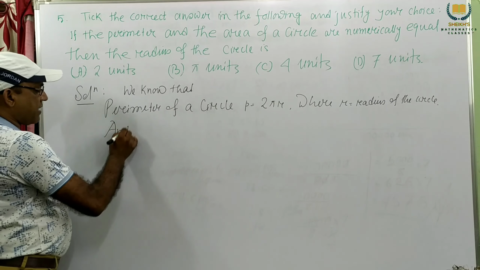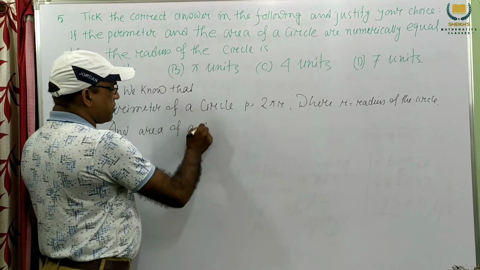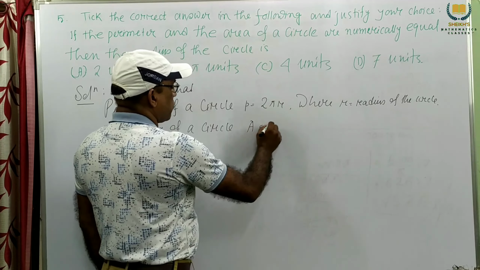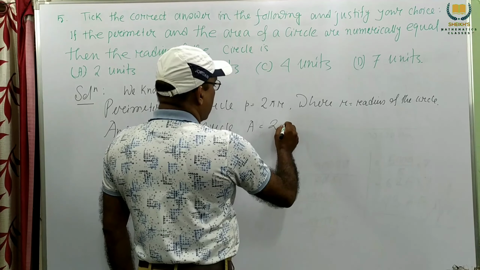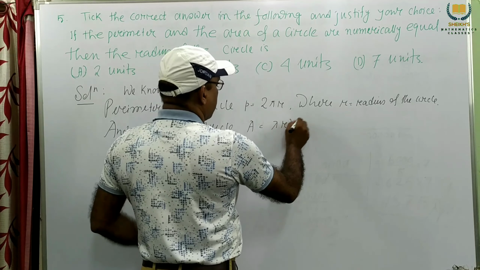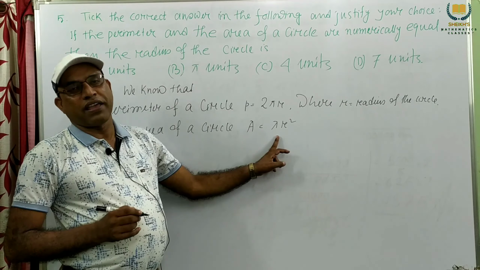The area of a circle, A equals pi r square. Perimeter is 2 pi r and area equals pi r square.